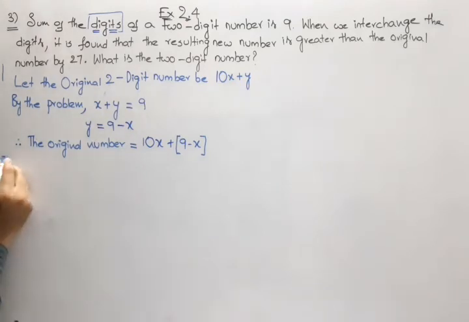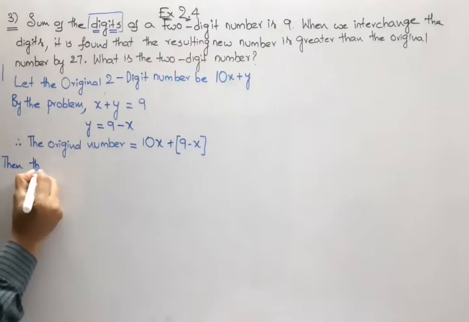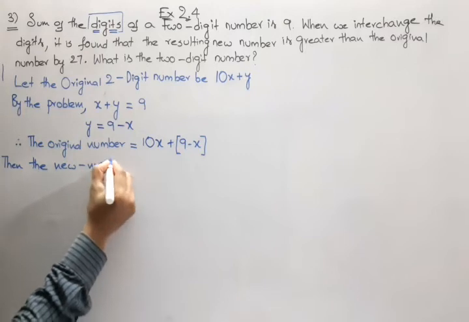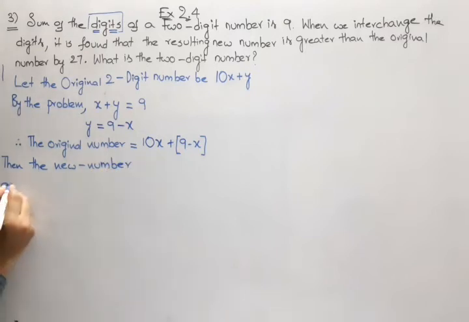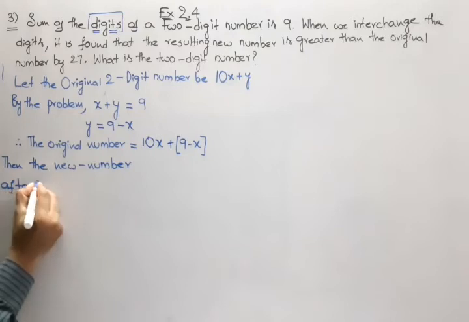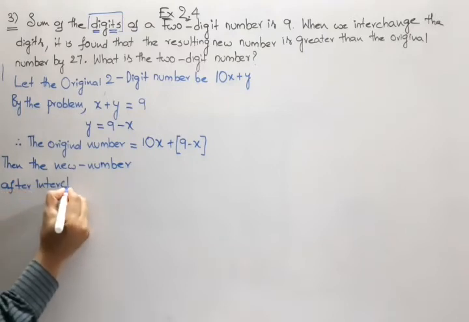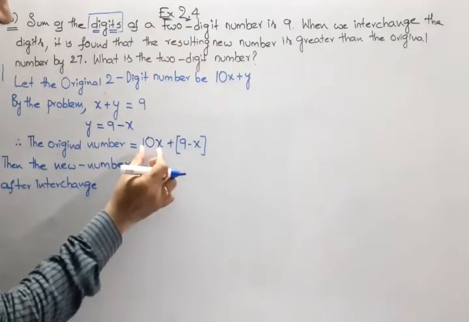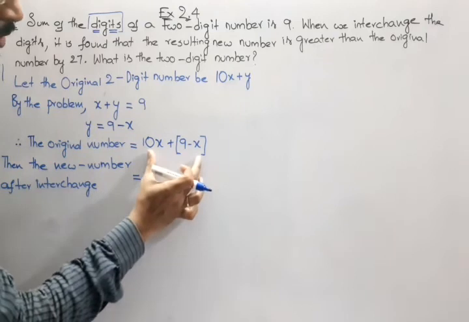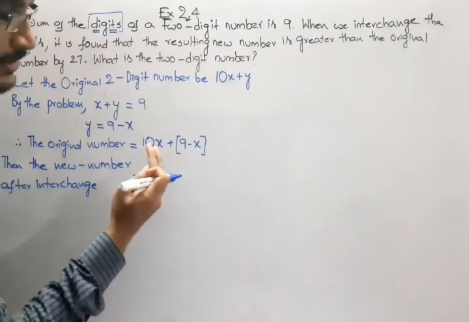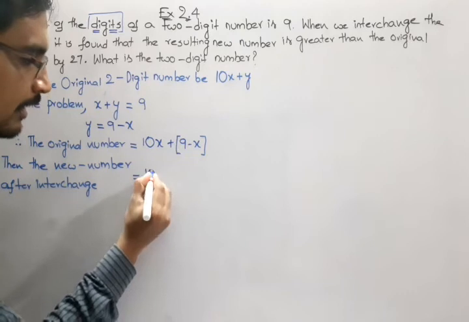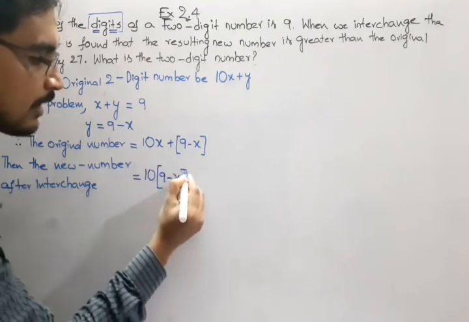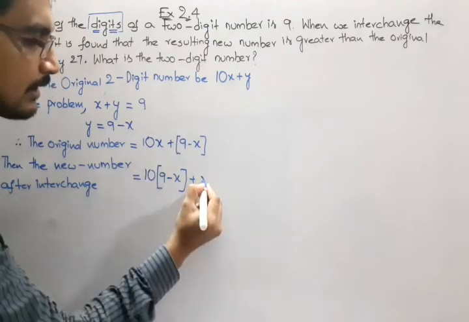Then the new number after interchange will be equal to, look, 10x plus 9 minus x is the original two-digit number. If we interchange the digits, what will happen? In place of x, we'll get 9 minus x, and in place of 9 minus x, we'll get x.